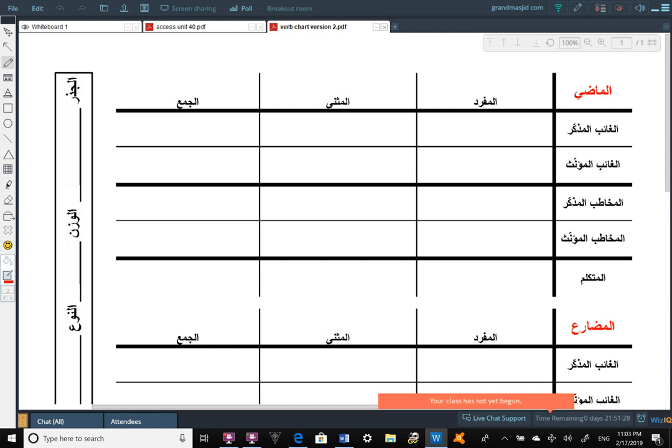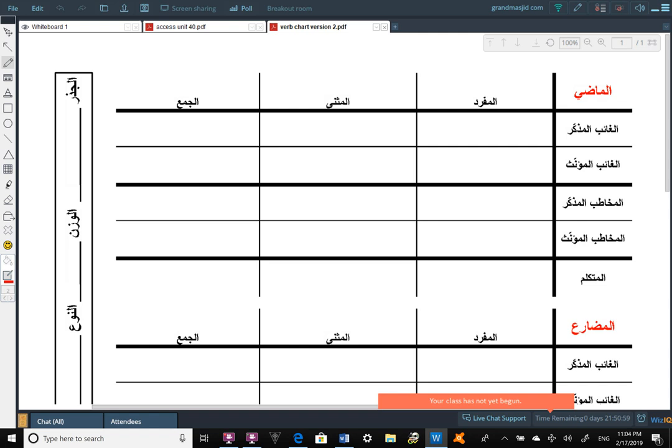Then we are moving on to the third verb form. And if you need more information of how this verb is formed, as well as its fa'il, maf'ul, and masdar, then you can refer to Access to Quranic Arabic Unit 32.